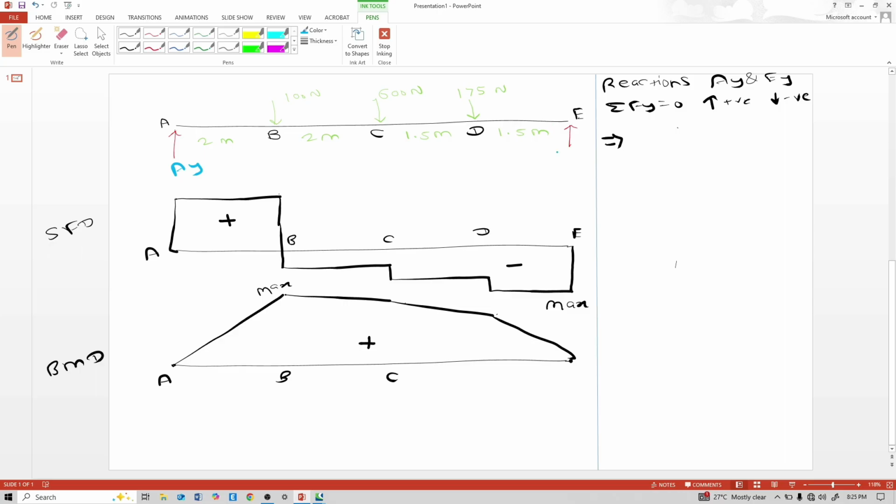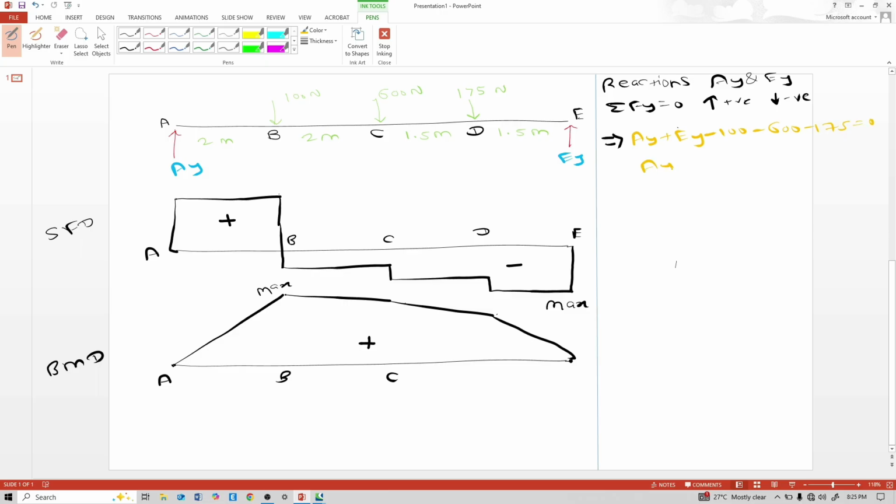AY and EY are our main objective right now. AY plus EY upward, that's why this is positive, minus 100 minus 600 minus 175 equal to 0.